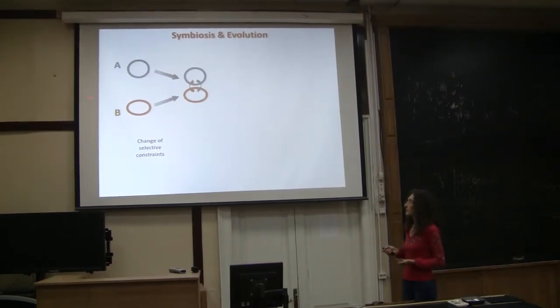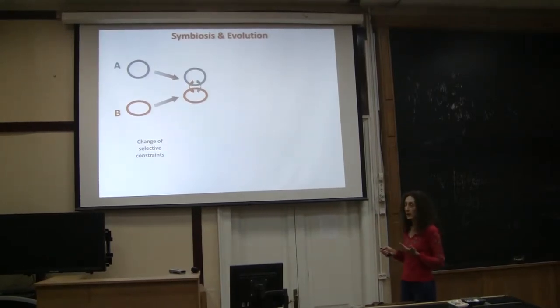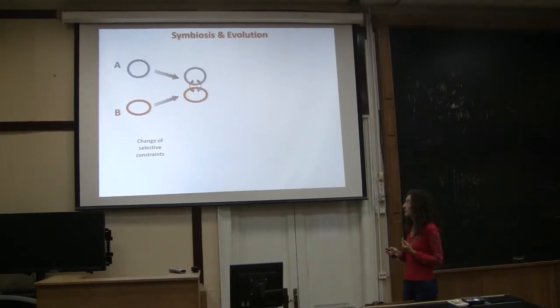Because when two organisms, let's say A and B, establish a symbiotic relationship, and this symbiotic relationship becomes obligatory, and this happens when one of the organisms exchanges or transfers genes to the other and loses some of these genes, then once one of the organisms has lost some of the genes, it depends obligatorily on the other partner. So this implies a change of selective constraints that is applied to the consortium.